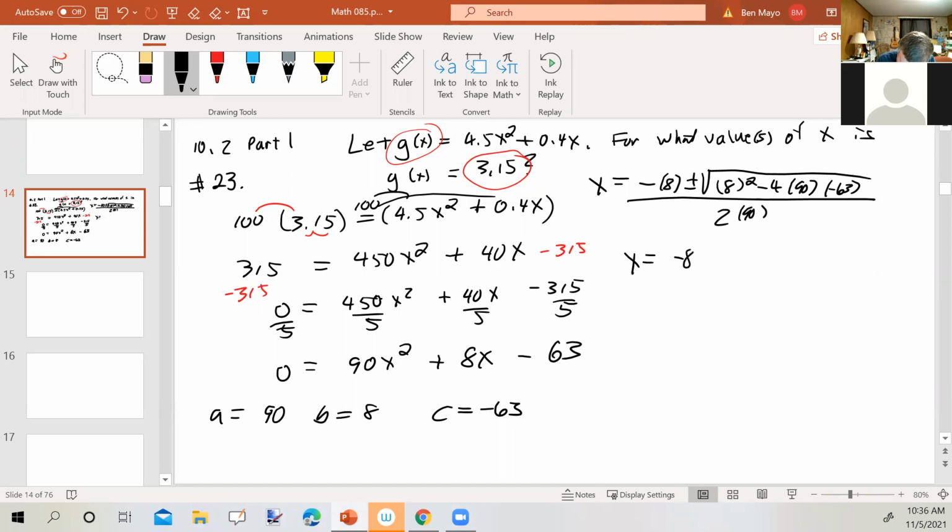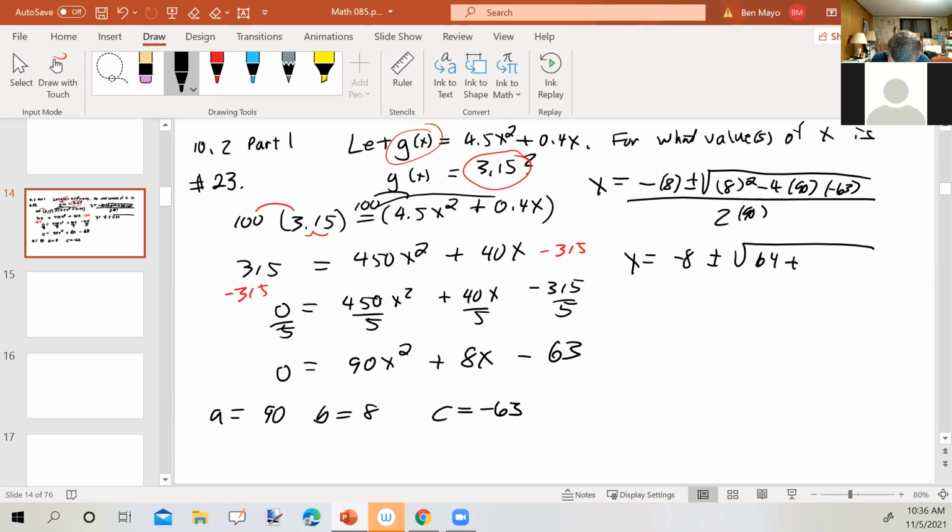x equals negative 8 plus or minus the square root of 64 minus 4 times 90, which is negative 360, times negative 63.